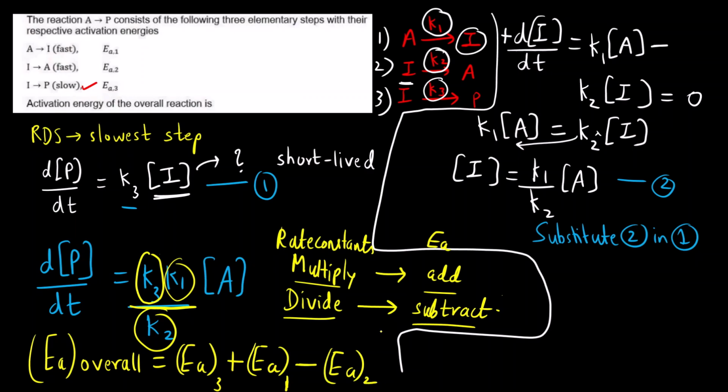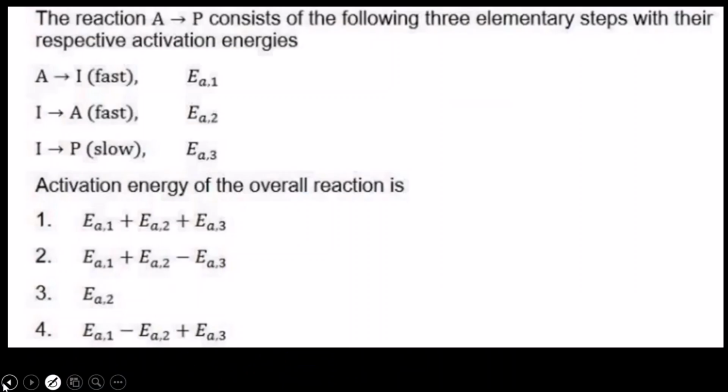This is the overall expression for the activation energy of the overall reaction: EA3 plus EA1 minus EA2. So the final answer will be option 4, EA1 plus EA3 minus EA2.